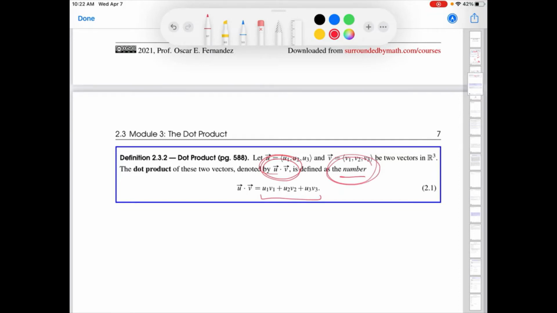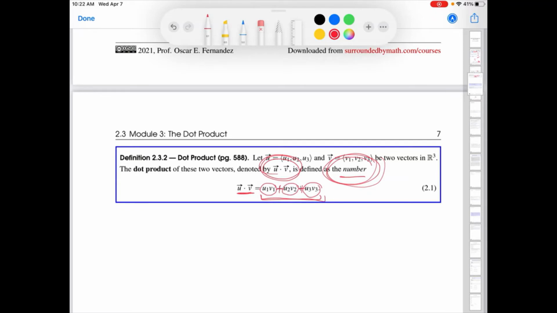In a future video, we'll talk about the cross product, a different way to, quote, multiply vectors. The cross product will yield a vector. So it's very easy to get those 2 confused. The dot product yields a number. And what is that number? How is it defined? Well, the dot product is this. And what is this? This is the sum of products of the respective components of u and v.